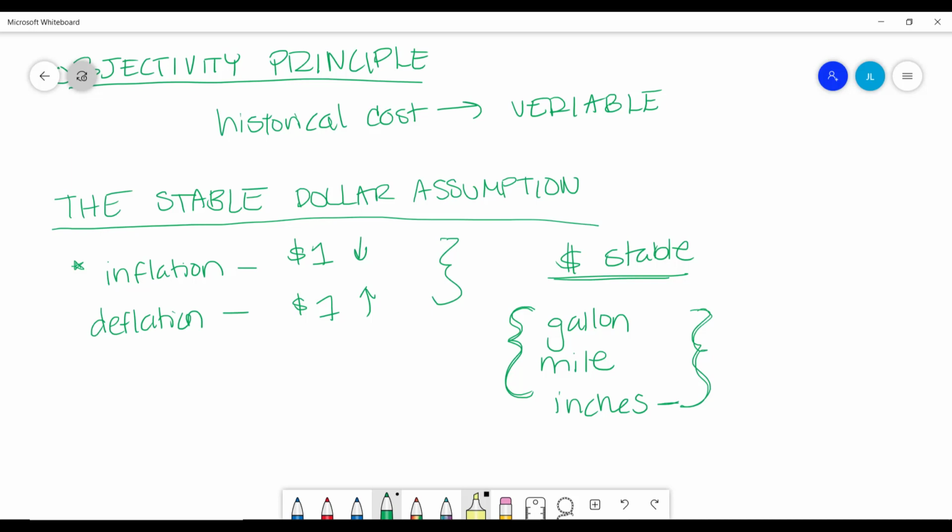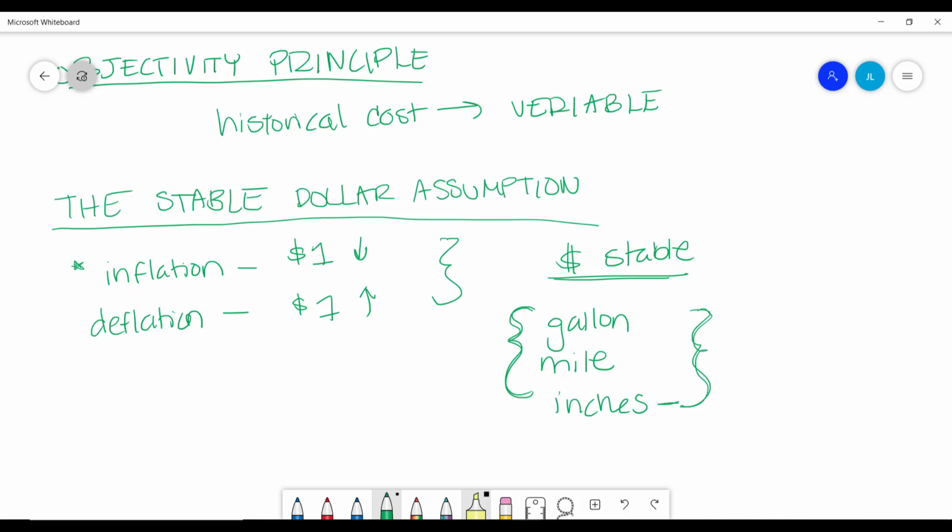Okay, so that's a very important assumption that we need to keep in mind as we work through this class, because it really helps to make the work a little bit easier. Because there are, especially with advanced accounting, situations in which the volatility of a currency is taken into account when accounting for certain transactions, of course.